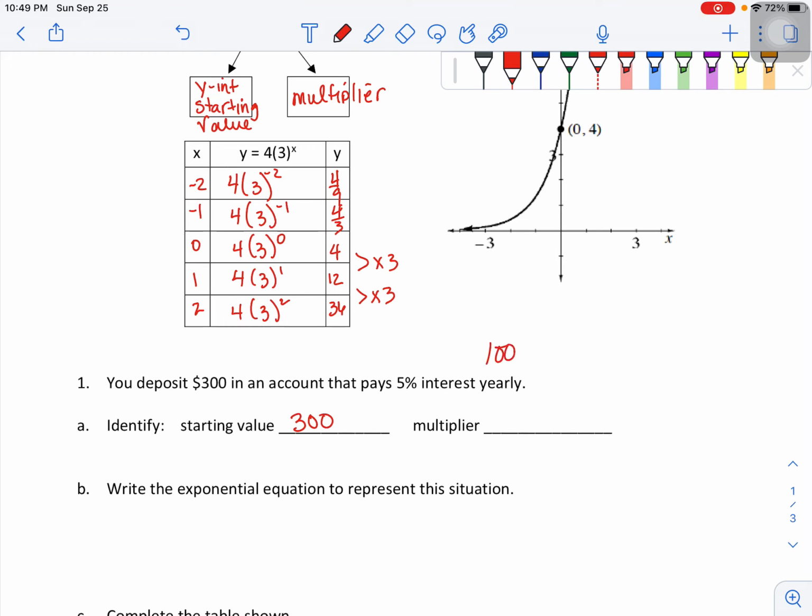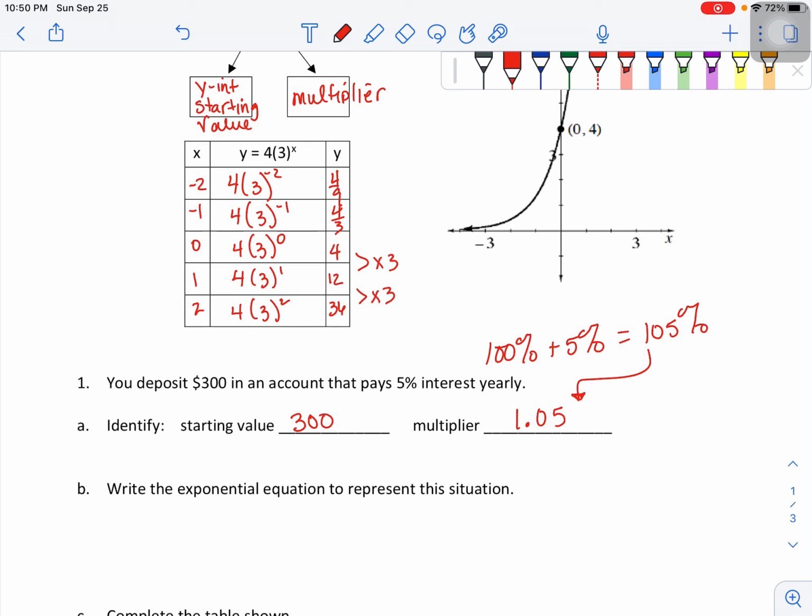It's 100% plus 5%, right? Because you keep what you have, and you're getting an extra 5%. So that's actually 105%, which then the multiplier would be 1.05. You always move a percentage 2 decimals to the left, and you'll have 1.05.